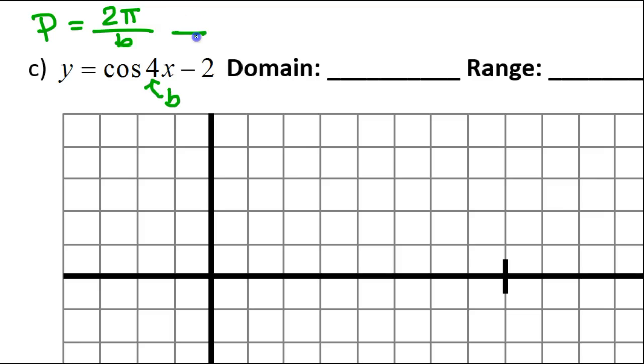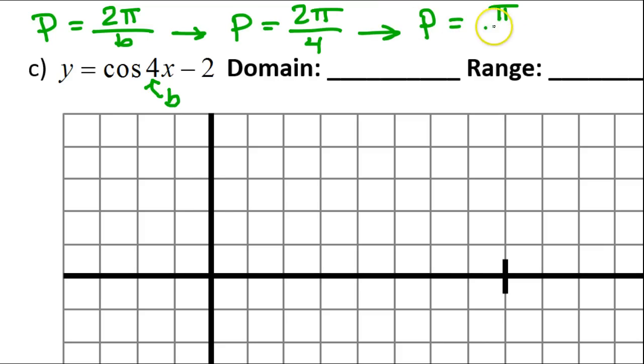So in this case, that means the period is going to be 2 pi divided by 4. Now that's going to cancel, and that's going to mean that the period is pi over 2, because 2 goes into 4 twice. Alright, so that's new.